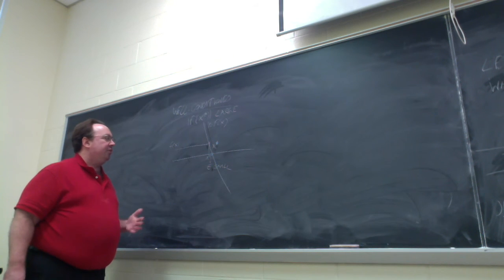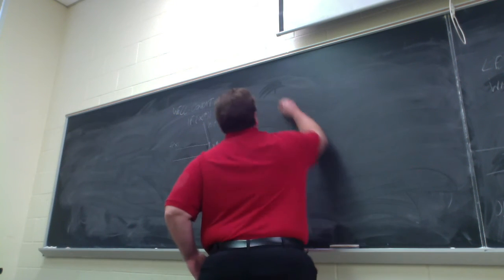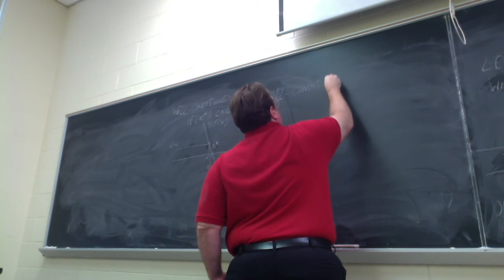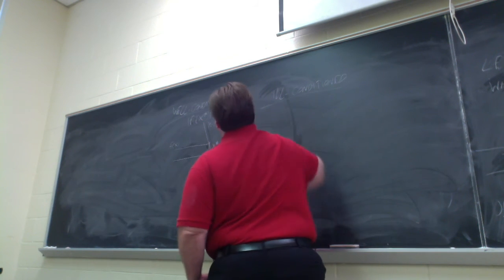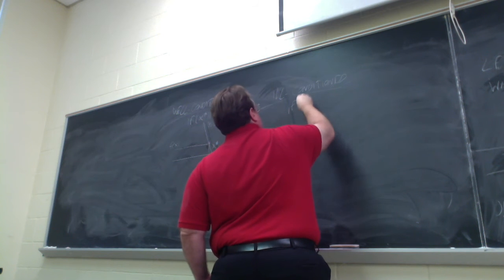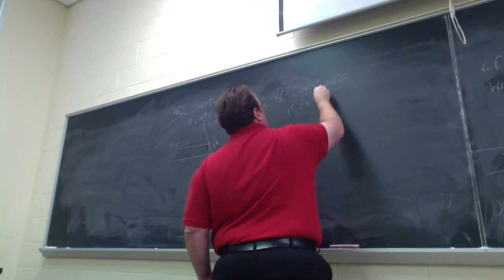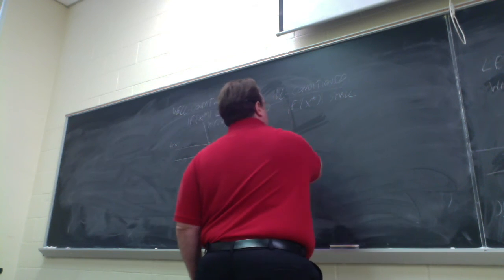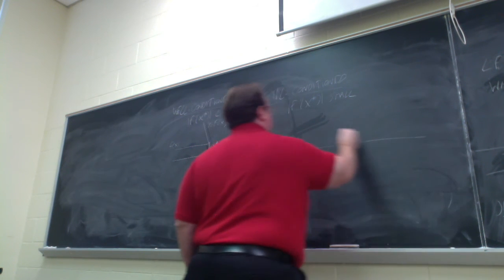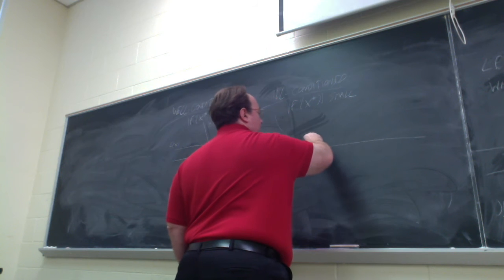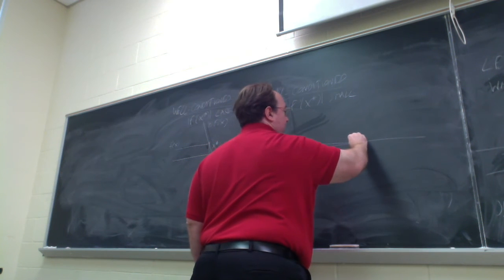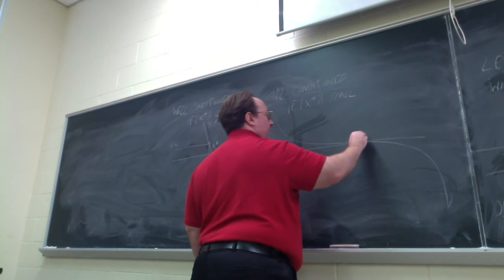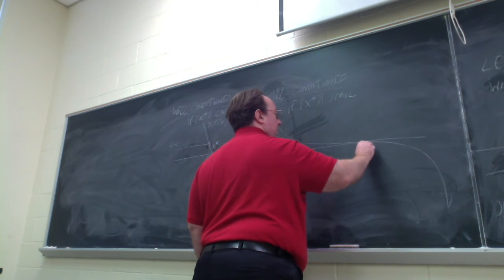Now let's contrast that with the ill-conditioned case. So this is where the derivative is small, so the function is relatively flat. So something like this, almost a horizontal tangent here at the true root x star.